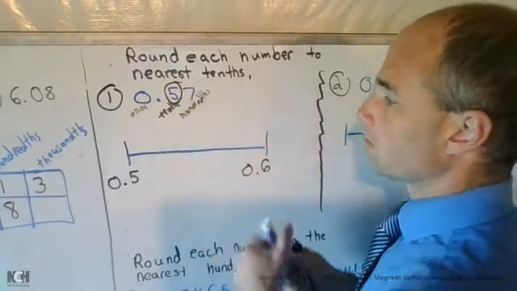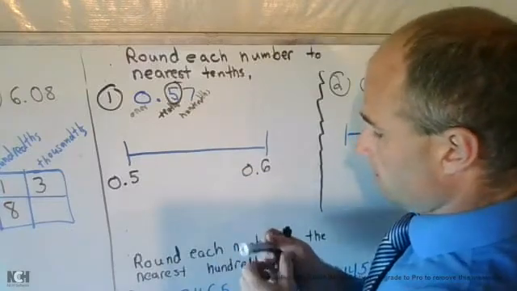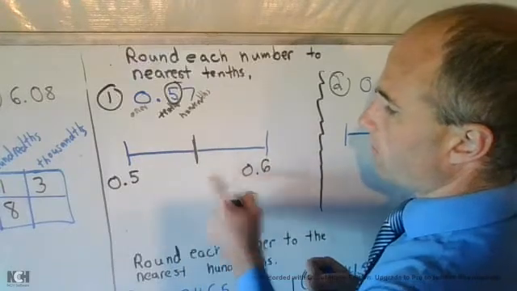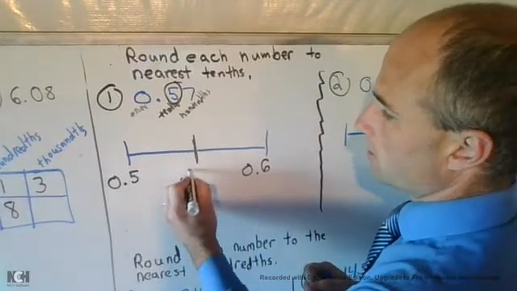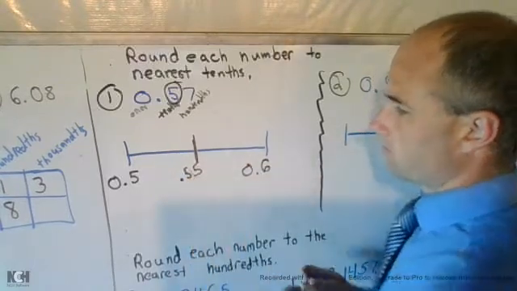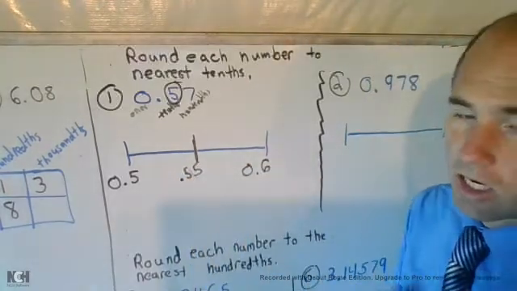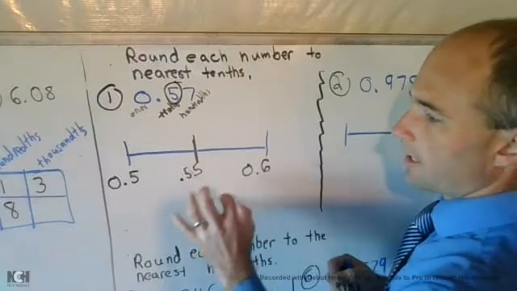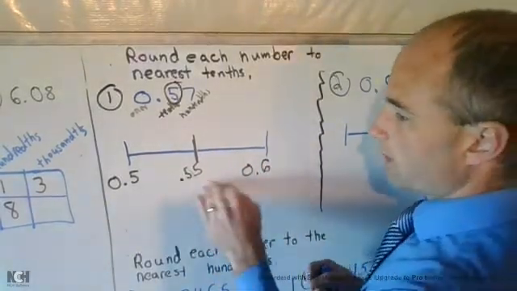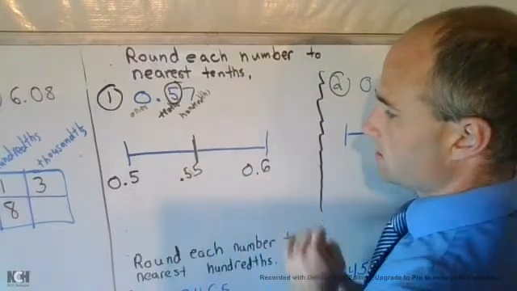Well, yeah. Okay? On my number line, which I'm creating to help me here, the number that falls between this is going to be 55/100th. Now, that can be a challenge to figure out. Well, how do you get 55/100th when you have 5/10 and 6/10?